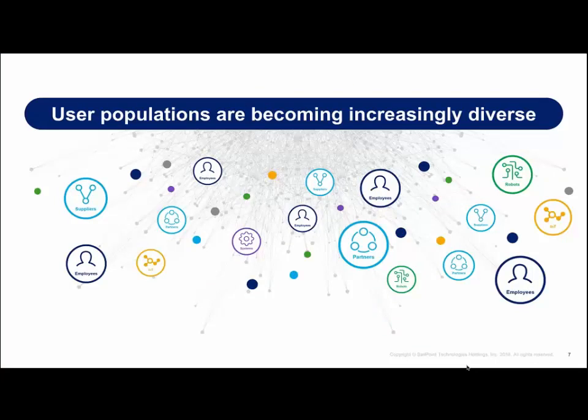There are a couple things happening, though, in the world of identity that are playing into creating a more complex and a more challenging environment, especially in the face of data breaches and increasing regulatory pressure. Back in the early days of identity, we generally thought about internal user populations, our employees, maybe our contractors, but I would argue, it's only been over the last several years that organizations have gotten better at managing contractor access.